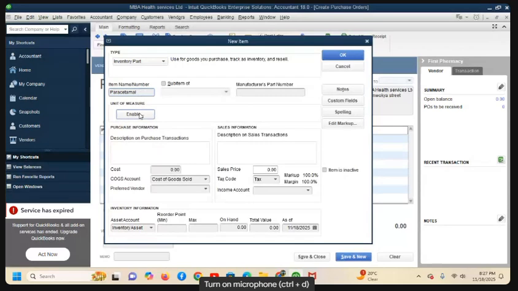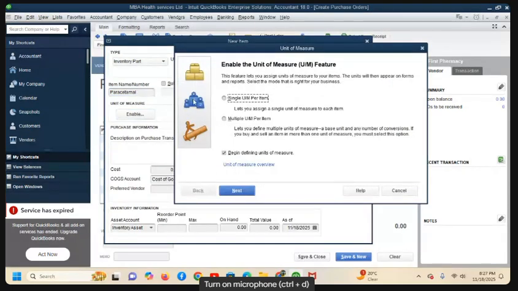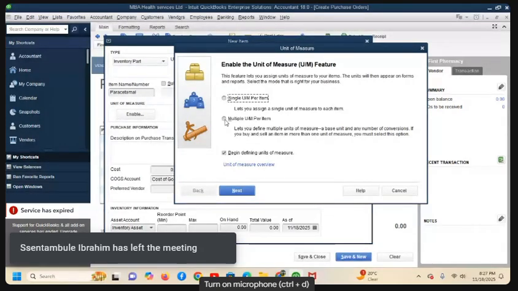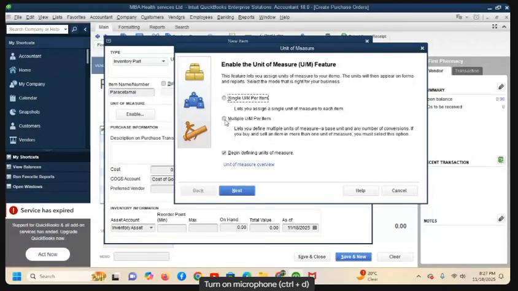Then I go on the unit of measure. For unit of measure, we have single and multiple. Sometimes you might be buying in a packet, but you sell in pieces per item. So you can use multiple to say that one packet has maybe 12 pieces.